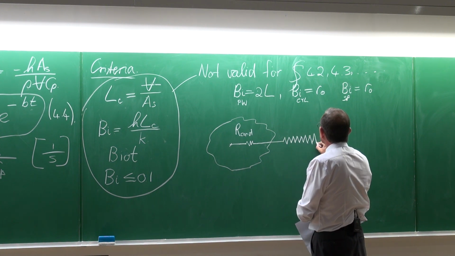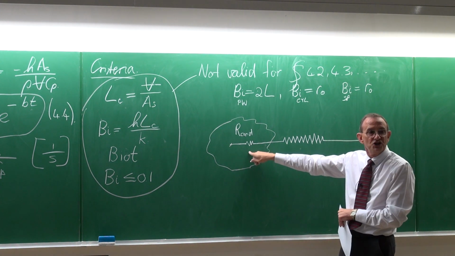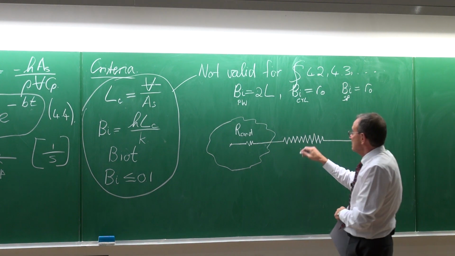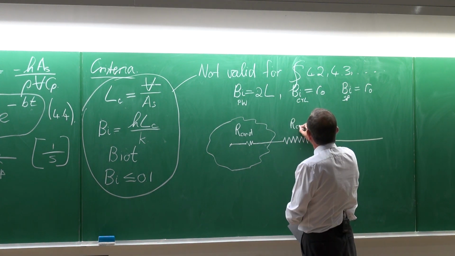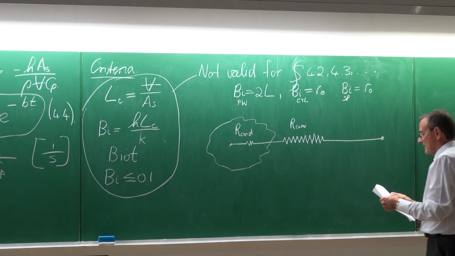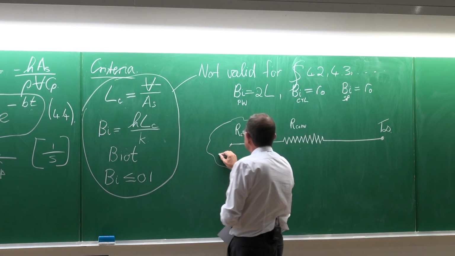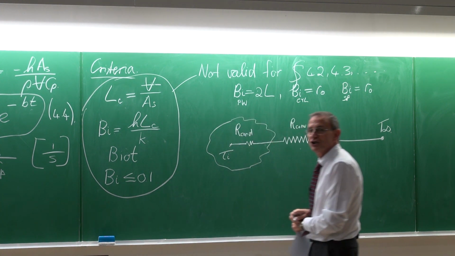Now take note, I'm making this one much larger than that one. So this is the resistance of convection. And that is T environment, and that is T initial.